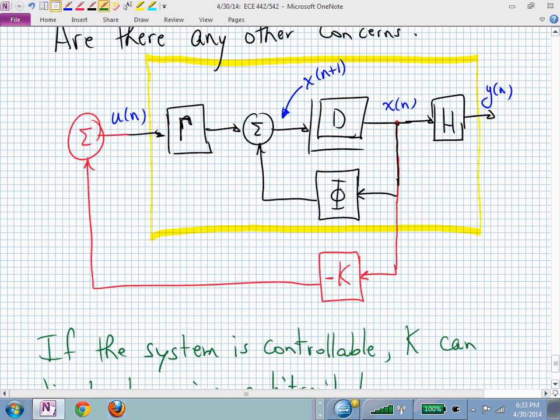Do we have a command input anywhere? Do we have a reference input, the way we've configured this? We're using our control all up by just weighting the state vector and feeding that into the input of our system. There's no way to say go 10 degrees right or go 10 degrees left. There's no reference input. We can't control this.